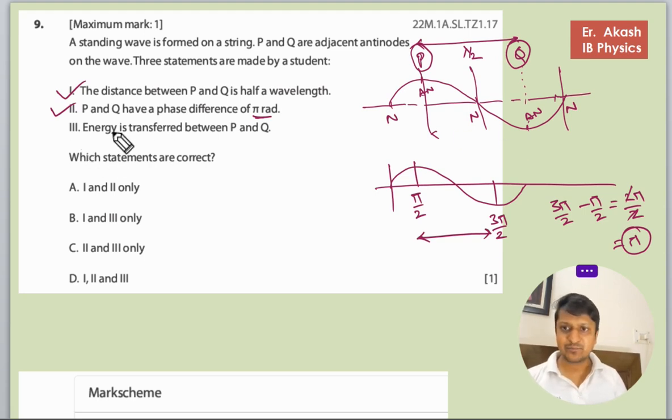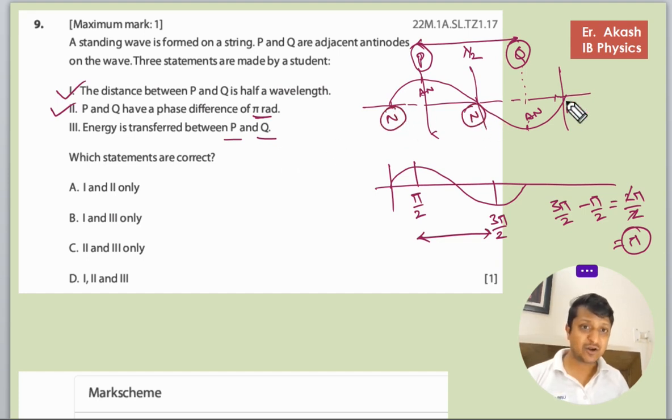The third statement says energy is transferred between P and Q. Tell me. Yes, there is no transfer between the P and Q points because it is a standing wave. These nodes don't allow energy to be transferred.